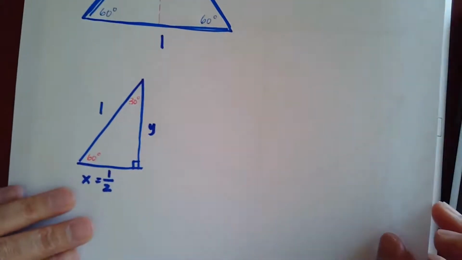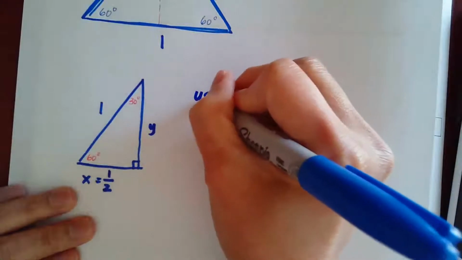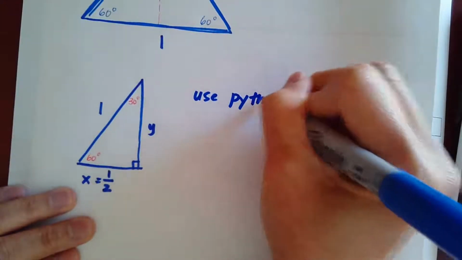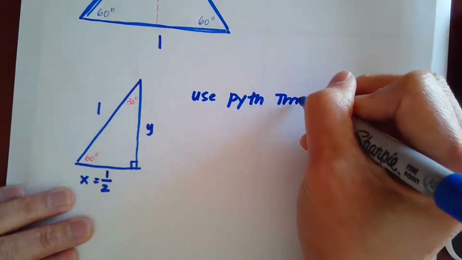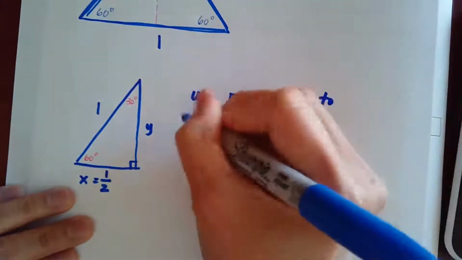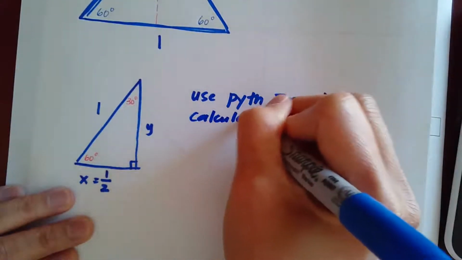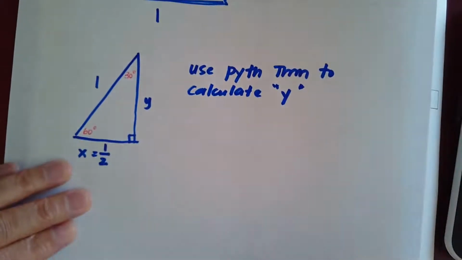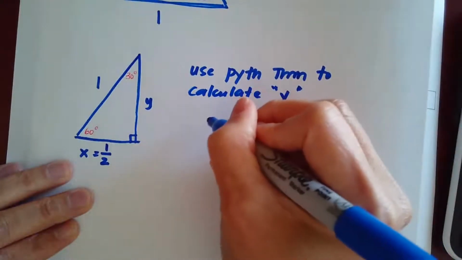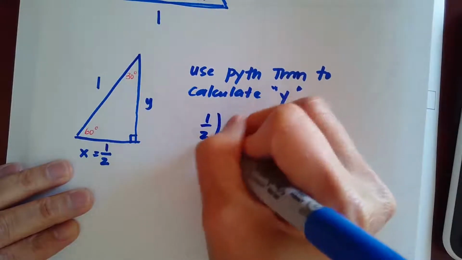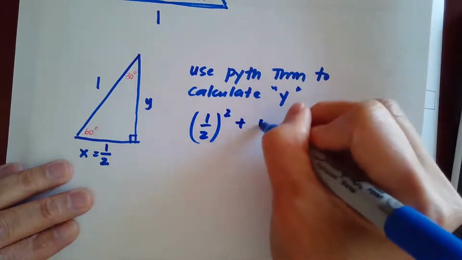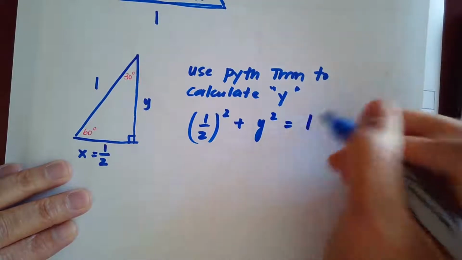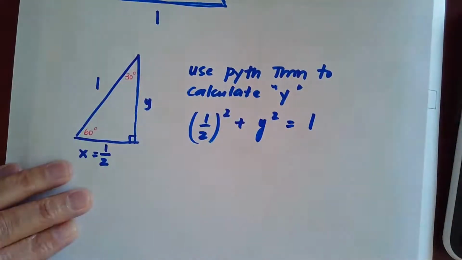Well, we can use the Pythagorean theorem to calculate the y. So it's going to be 1/2 squared plus y squared equals the hypotenuse, which is 1.